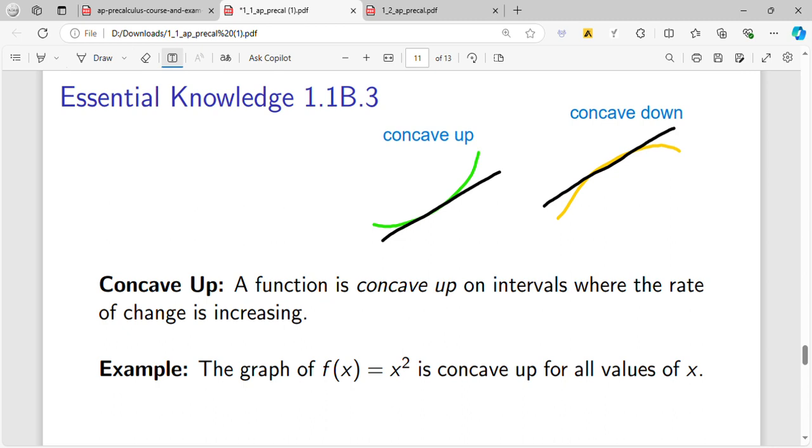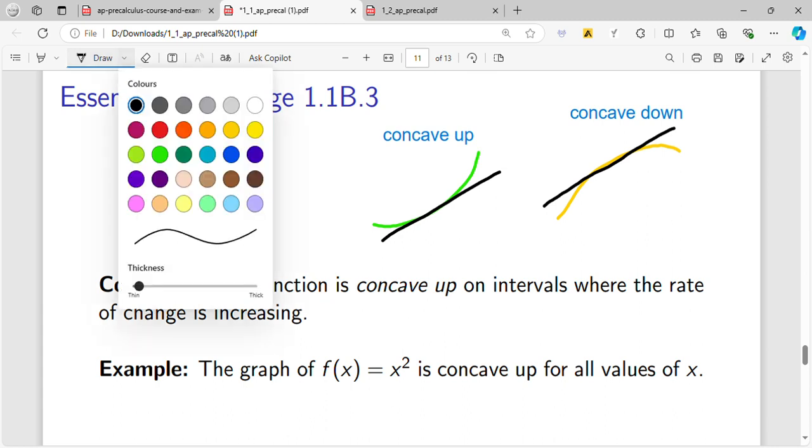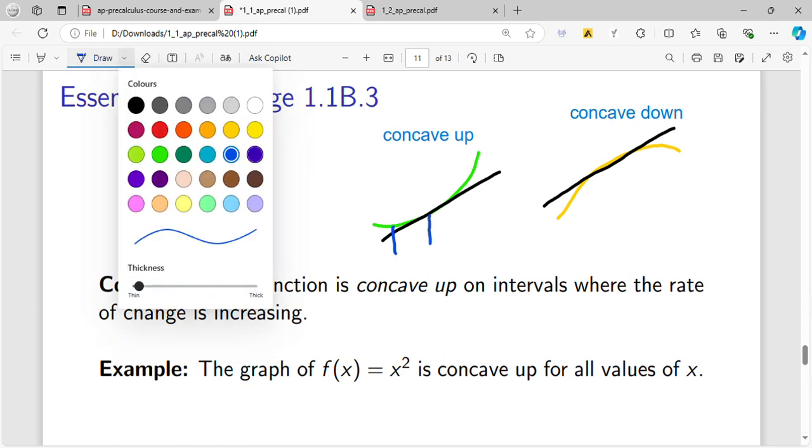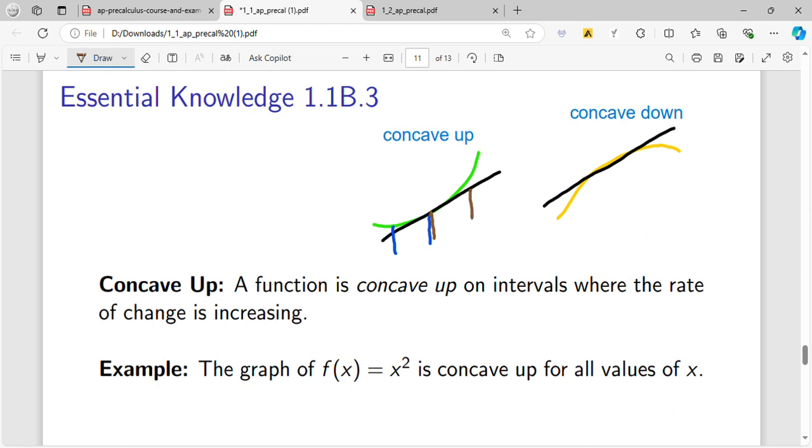So if we just focus on the rate of change, for the concave up function, the function is obviously increasing, but as you can see, the rate of change in this blue interval and the rate of change in this brown interval are different, right?